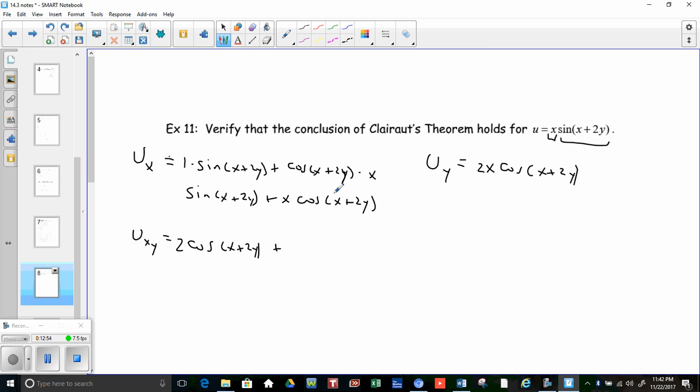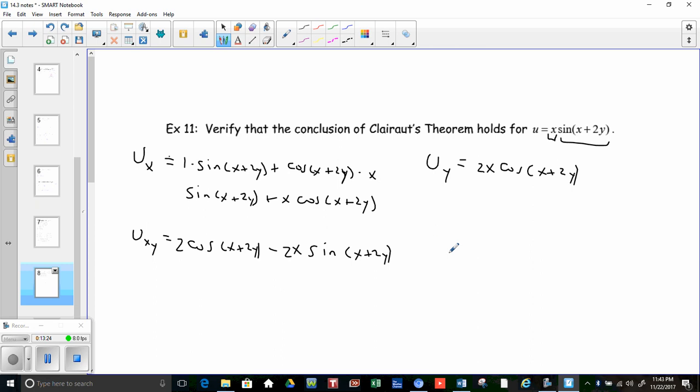Now the derivative of this one with respect to y, once again, x is held constant. So it's just going to be the derivative of cosine, which is negative sine. So let's make this a minus sign. Negative sine x plus 2y times the derivative of the y part, which is 2.